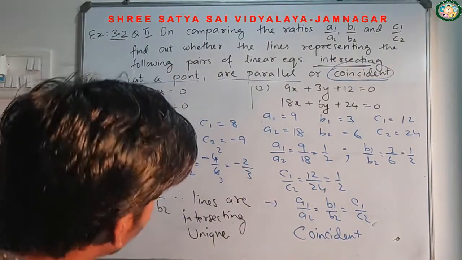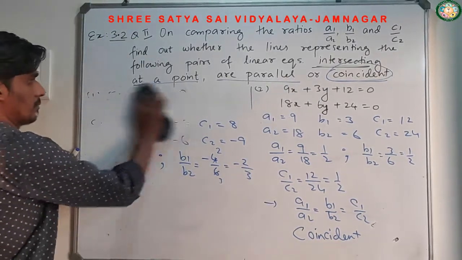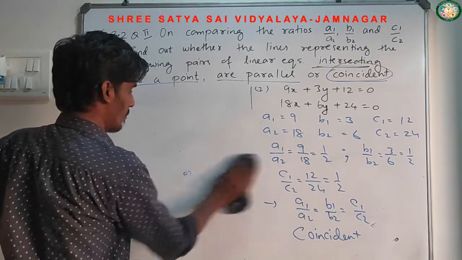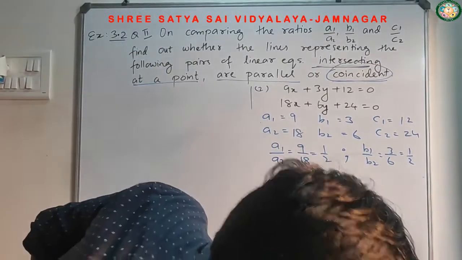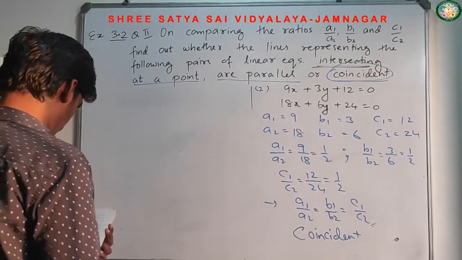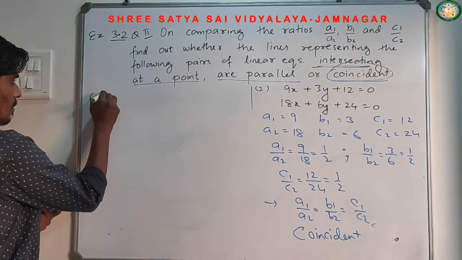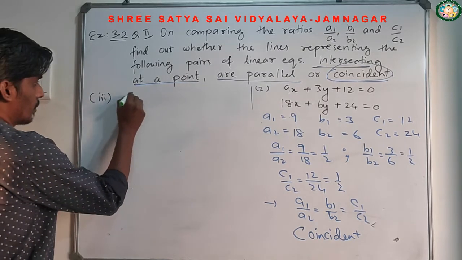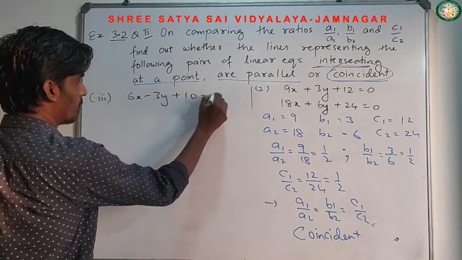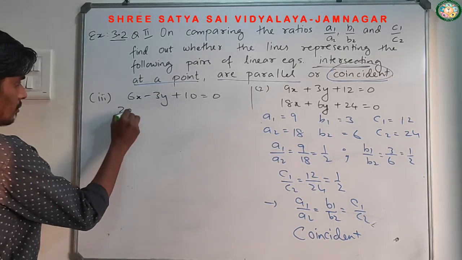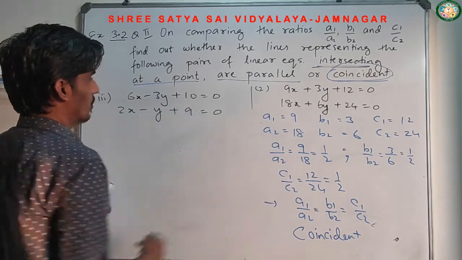Then the last one, third: 6x minus 3y plus 10 equals 0, and 2x minus y plus 9 equals 0.